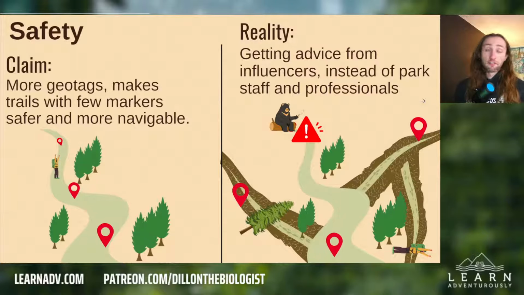It could be that further down the trail, it is completely unnavigable, right? Maybe there was a bridge that collapsed. Maybe there were some other safety issues. So again, it doesn't really make sense from a safety standpoint, because you don't know that this influencer, this random person, actually understands all of the issues in that natural area. So I really do not buy this argument.